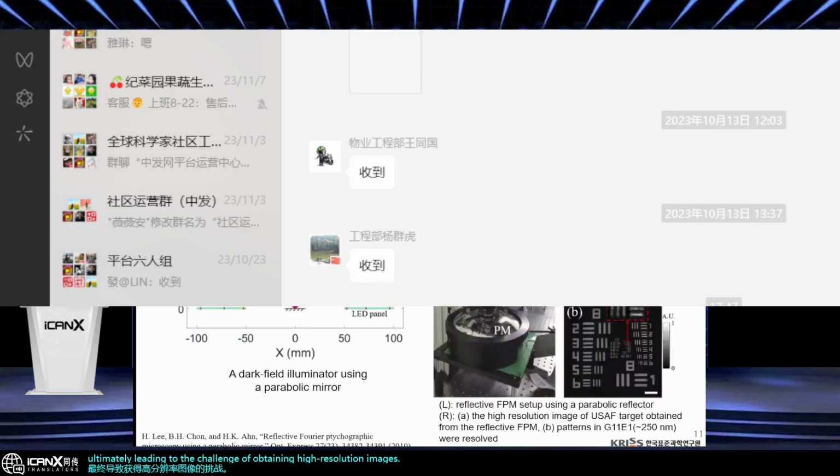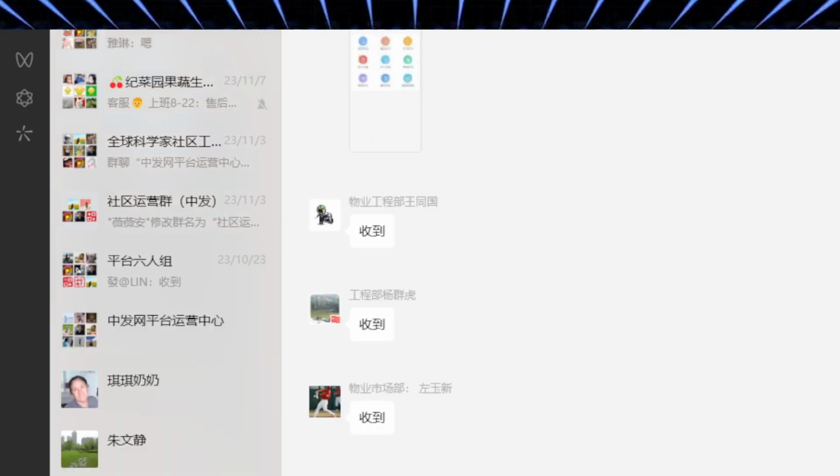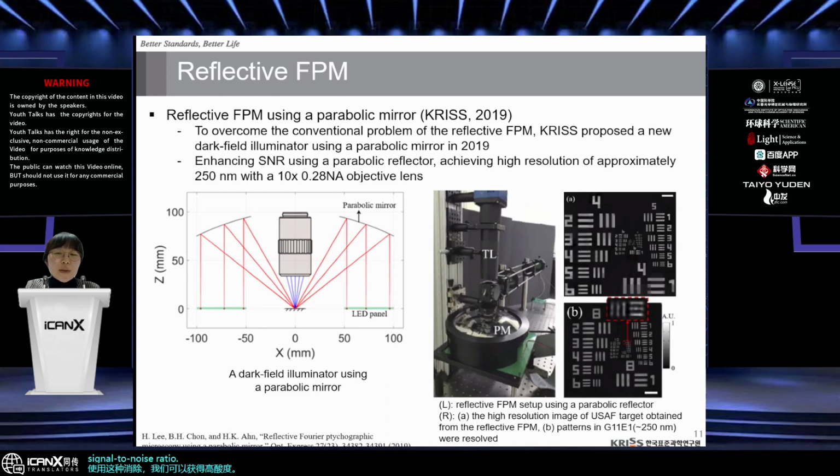To overcome this challenge, we have proposed a new dark field illuminator using a parabolic mirror. Using this illumination, we could obtain a high SNR, signal-to-noise ratio, from the sample, regardless of how far the LEDs were positioned from the center.